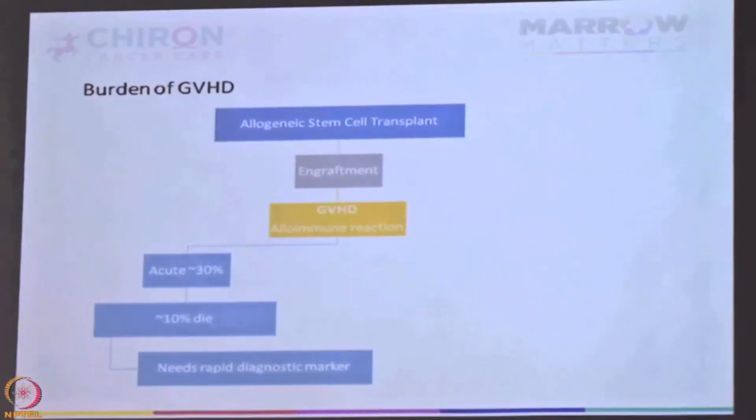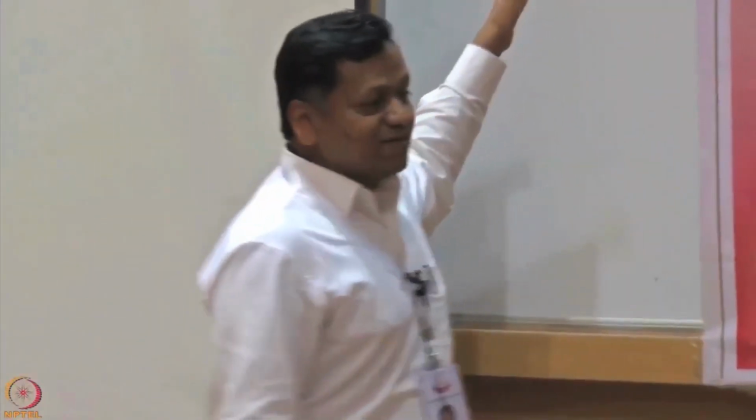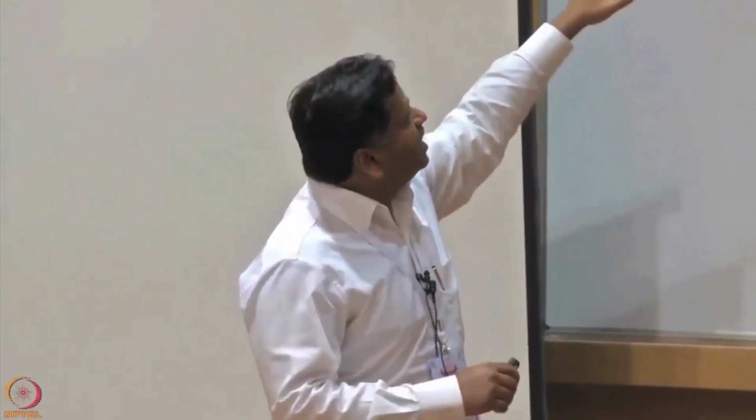We need a serological marker which we can track, right. It is like checking for temperature until the patient becomes septic. We need a serological protein marker which we can track before there are symptoms of GVHD, because after that 10% die, no matter what you do, how much ever money they have, because when this happens, families tell us, doctor, I will bring as much money as is required, do everything.